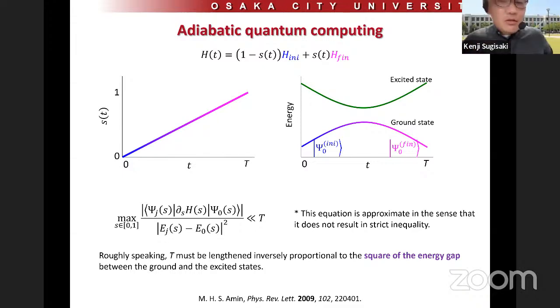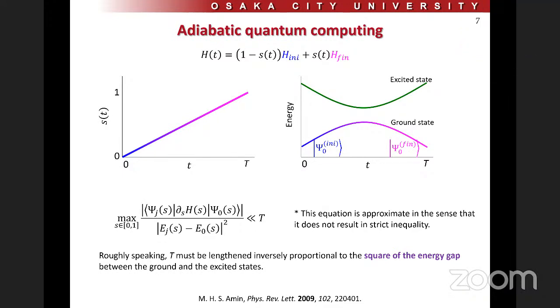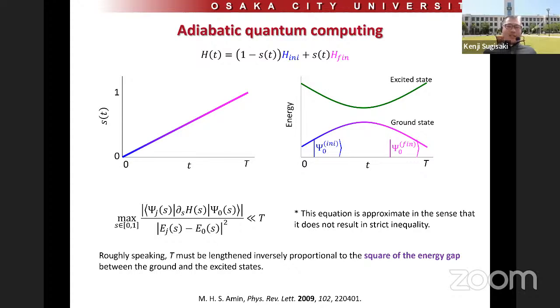Yes. In this case we assume that j is one excited state, but it can be several excited states. Let us think about a strongly correlated system with many excited states.